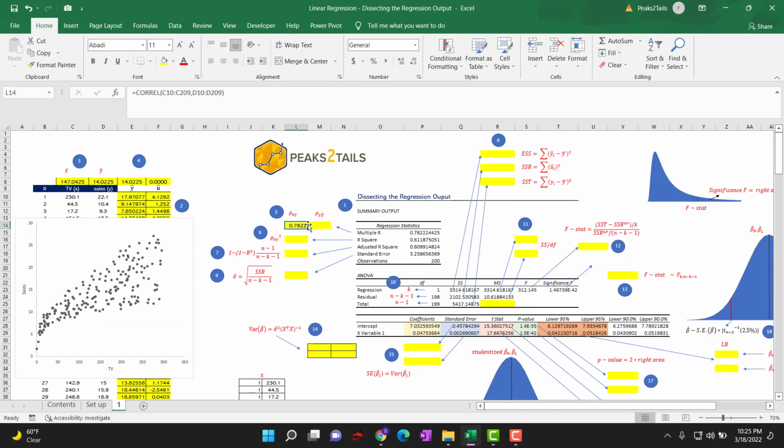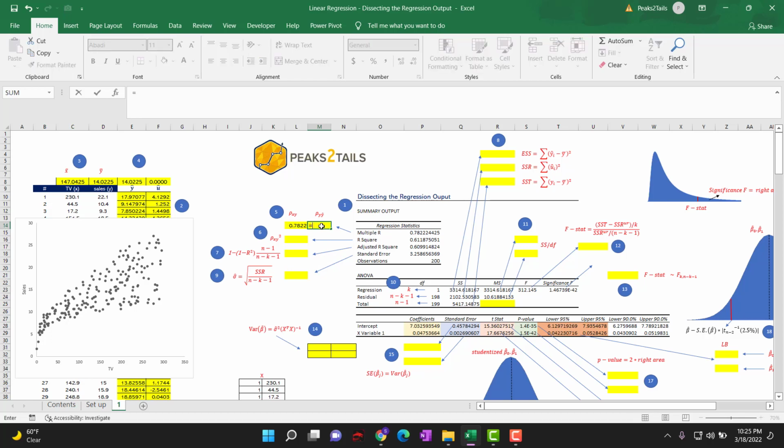Now here I took the correlation between X and Y. We can also find the correlation between Y and Y hat, or predicted Y, and it will be the same. The reason is Y hat is a perfect linear function of X, right?